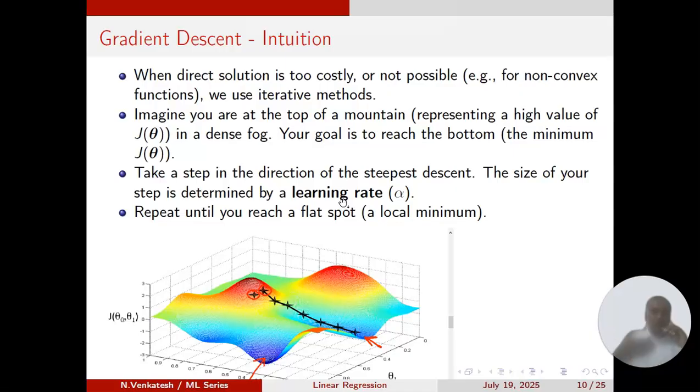So what you do is you take a step in the direction of the steepest descent until you reach a flat spot. In a similar way gradient descent also works. Always you move in the direction of the steepest descent.